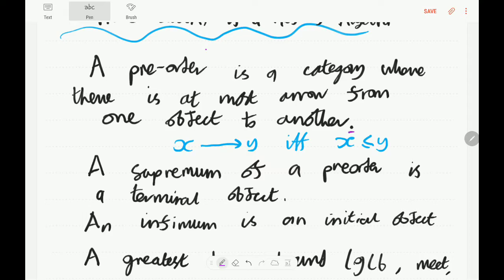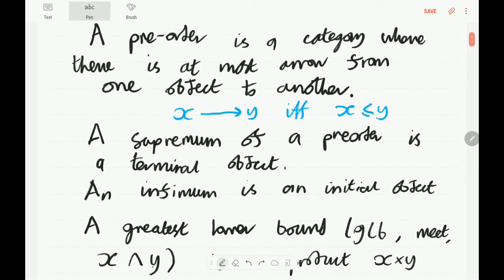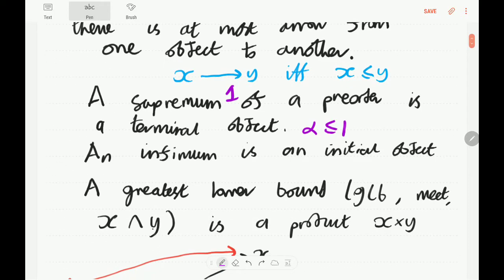And we normally write that there's an arrow from X to Y by writing X less than or equal to Y. A supremum of a pre-order is a terminal object, because if we call the supremum 1, then for any object alpha, we have alpha is less than or equal to 1, because there's one arrow from alpha to 1. Similarly, infimum is the initial object.